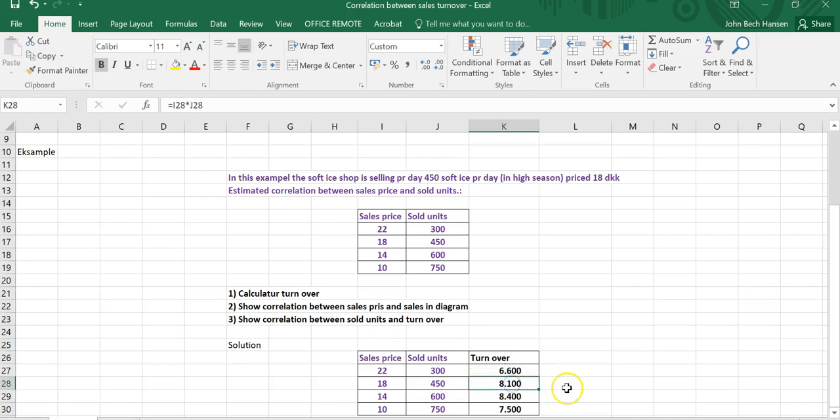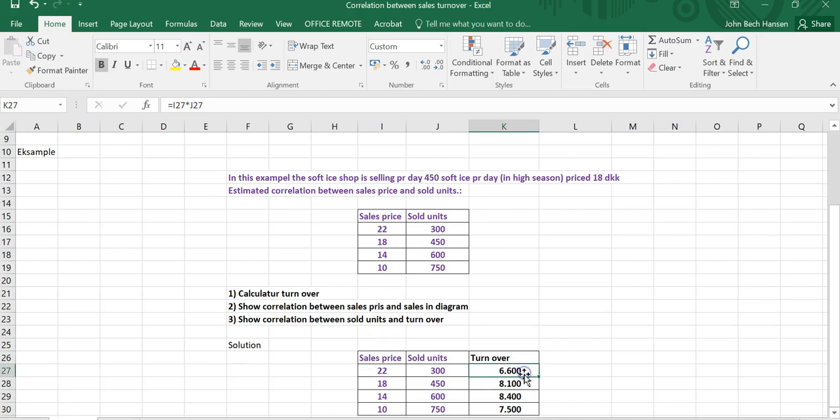And we have a turnover each day in the high season of this particular soft ice of 8,100. And if we put up the price, we can see if this also will stick to practical things. This is theory, of course, but it's our best guess.